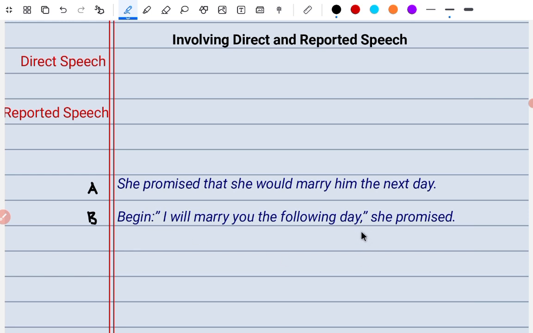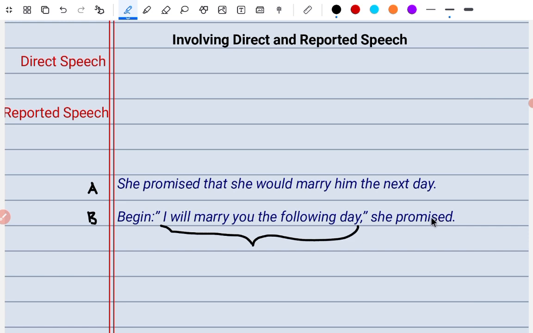So when you see something like this, you know that this is a direct speech. These are the words that were spoken by someone else, and you are just quoting them in exactly the same way the person was saying them. So this now is a direct speech.